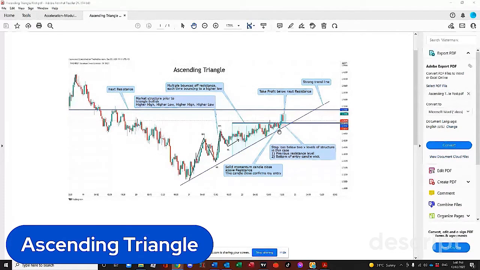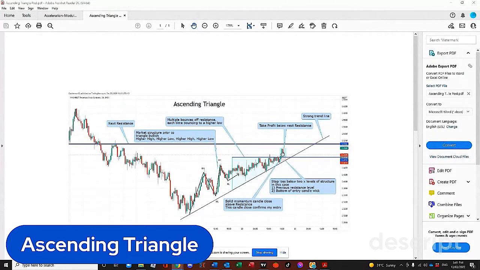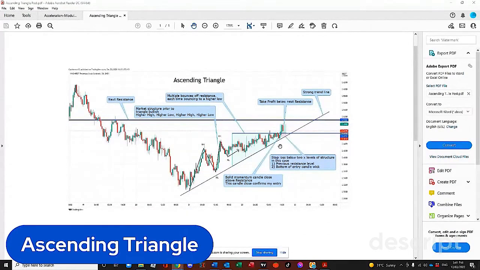It needs two different items that it needs to be below in order to take that trade. In this case, we've gone with the previous resistance level. We broke through here, and that's the resistance level and the bottom of the entry candle wick. So I've gone just below those two, and that satisfies that criteria.